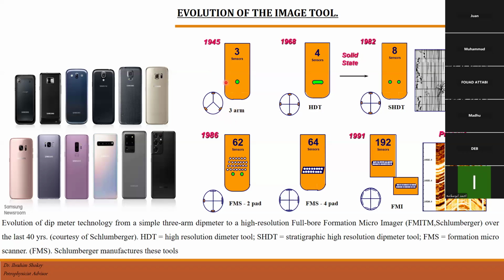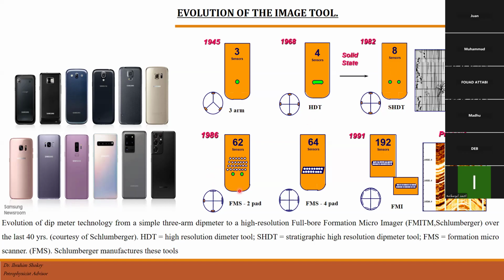So at the beginning, we started with three curves. Then going to 1968, we added more arms, so we have four curves. And then we mounted two electrodes on one single arm. So four arms with two electrodes per arm, so we have eight sensors or eight resistivity curves.